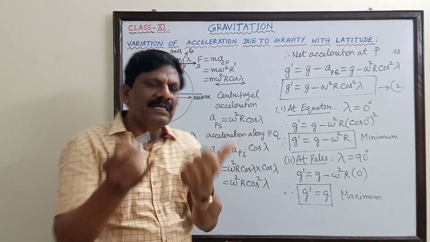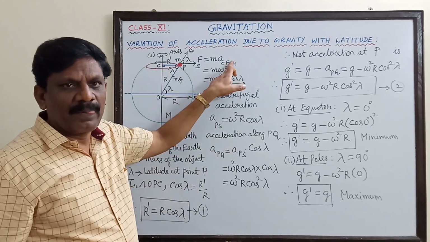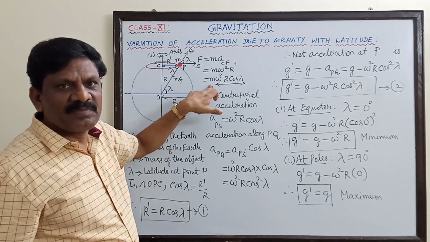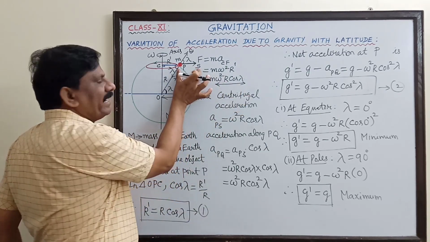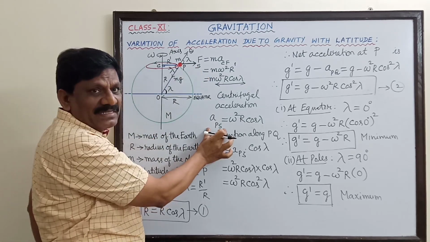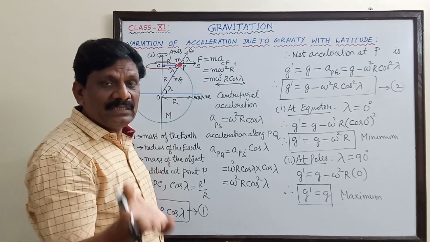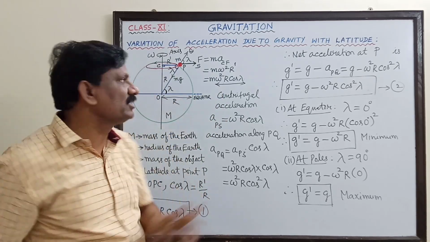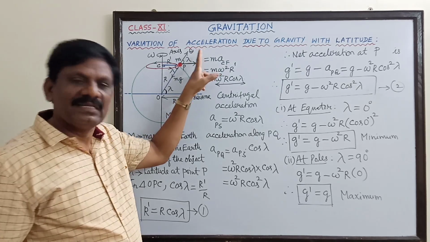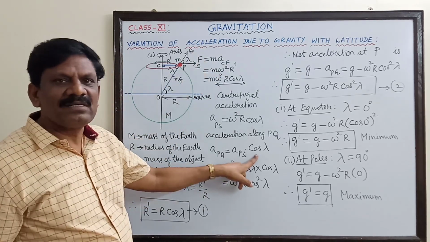Hence it should be mass into centrifugal acceleration. So we got an expression like this. Then this centrifugal acceleration, which is acting along PS, I have represented here as omega square r into cos lambda, and its component is resolved along the direction PQ. So APQ is APS times cos lambda.